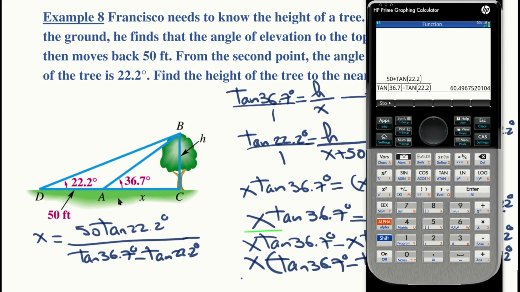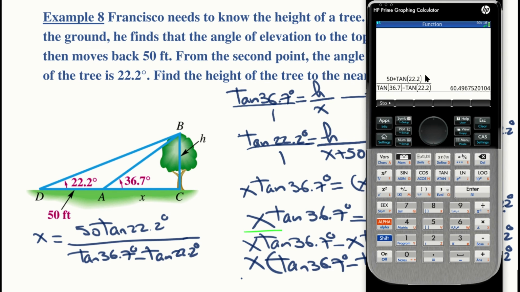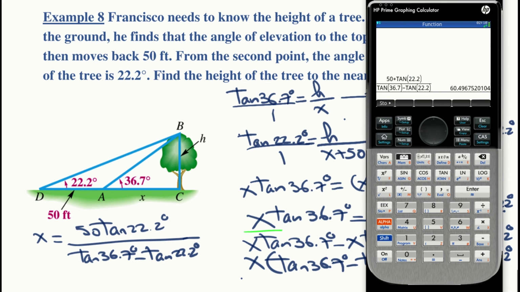And also keep in mind, we're not solving for x, we're solving for h. Remember that h is x times the tangent of 36.7 degrees, right? So I know that this expression right here gives me x. If I just take this expression and multiply it by the tangent of 36.7 degrees without doing any rounding, I'll get a really nice accurate answer.